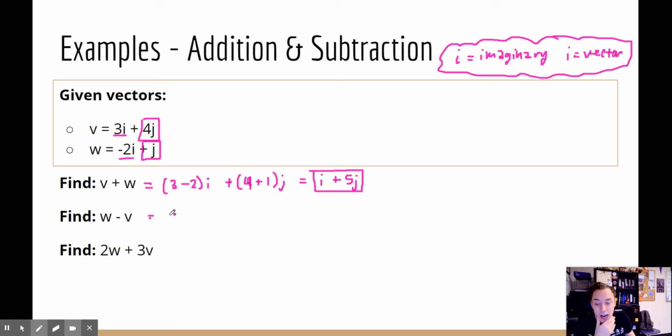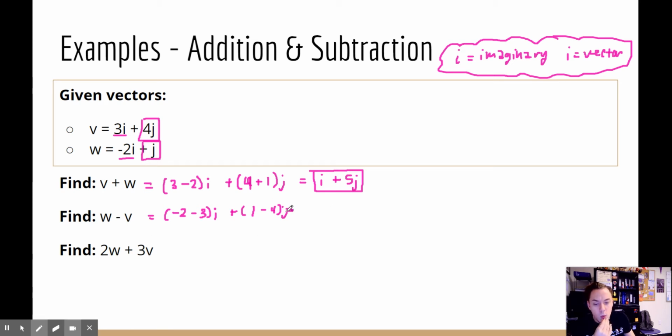If I want to subtract them, what I would do is now do w minus v. Okay, so in this case, it would be negative 2 minus 3, and then i plus, and then 1 minus 4, and then j.